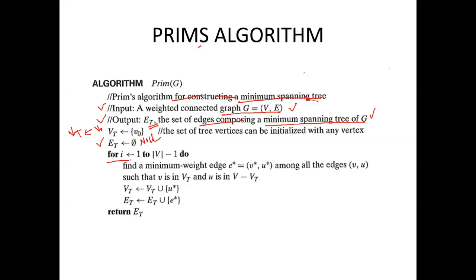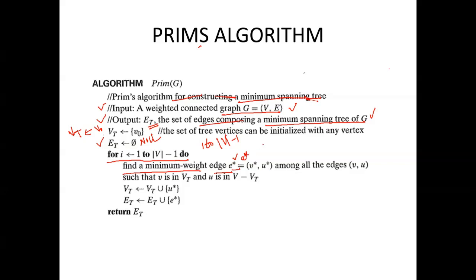And then here we have a for loop, which we run from 1 to V minus 1, that is, all the vertices minus 1. What we have to do is find the minimum edge, and we do this repeatedly. Because of that, we take E star equals V star, U star.